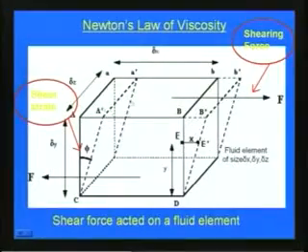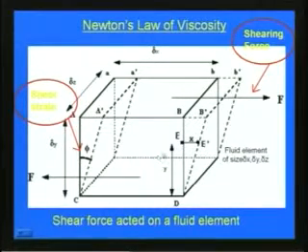Now, in this slide you can see a fluid element like this. A shear force F is applied. Here we are considering a fluid element of size delta x, delta y and delta z, and a shear force F is applied in this direction at the top and in the other direction at the bottom.